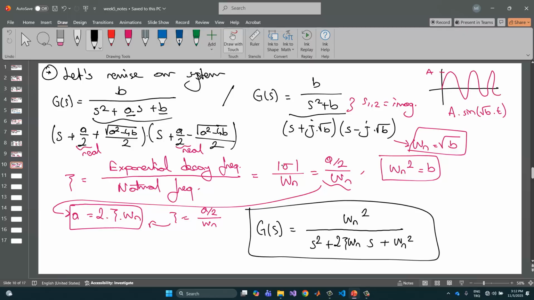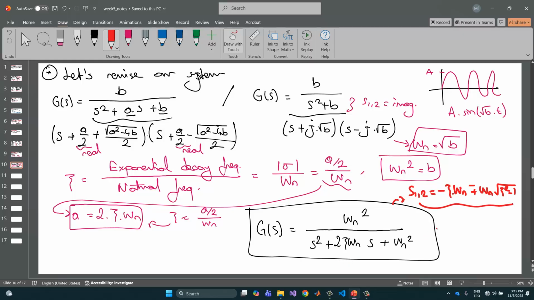Okay? And so the roots of these terms, s1 and s2, is equal to what? Minus zeta Wn plus minus Wn square root of zeta square minus 1. If you apply the second order root rules in here, you will get it.